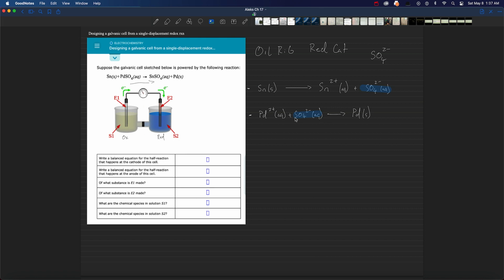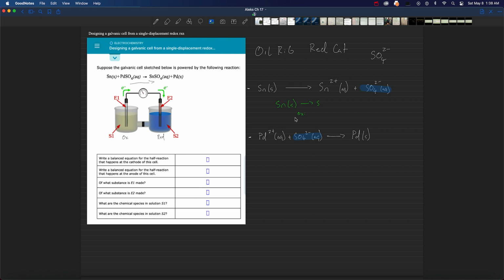So right now, let's just pull this down to get a clearer picture. Maybe I'll do this in another color. So we'll have Sn being oxidized.